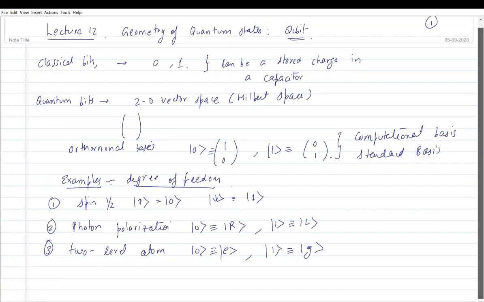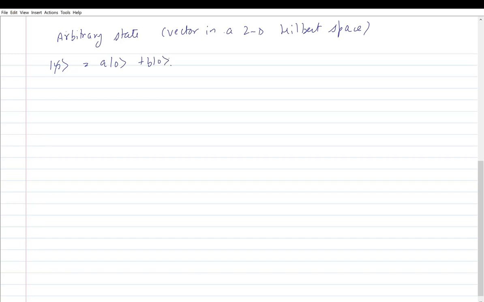So how to visualize a qubit? Well, one way to visualize a qubit is, let's say, consider an arbitrary state vector in a two-dimensional Hilbert space. Let's consider a normalized vector, so I have a normalization condition as well.